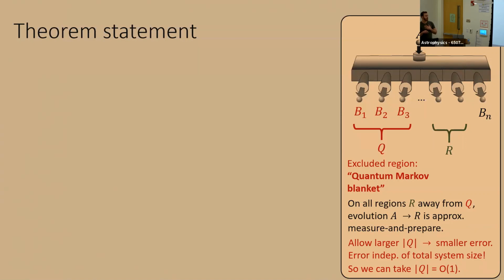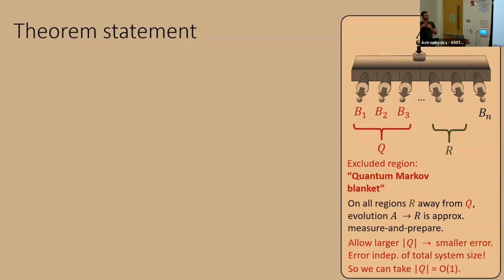And the claim is that there's going to be some excluded region that I'm calling Q, some order 1 finite region. And then for every other local region R of this output, the evolution from A to R will look approximately measure and prepare.